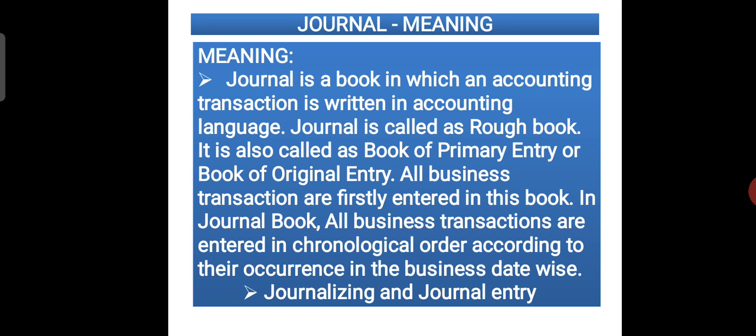It is also called book of primary entry. This journal book is also called book of primary entry. The term itself tells us that primary means firstly, in the beginning, immediately.